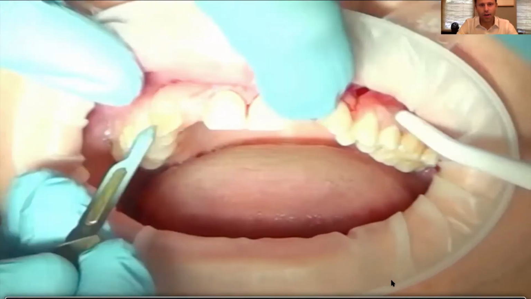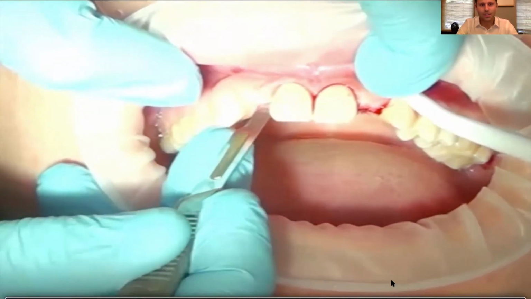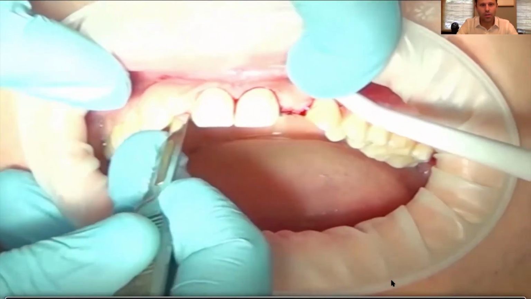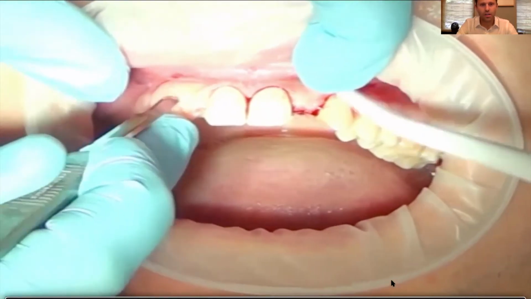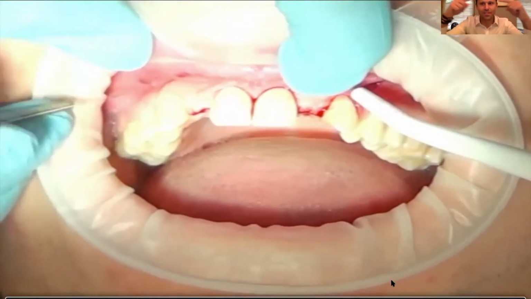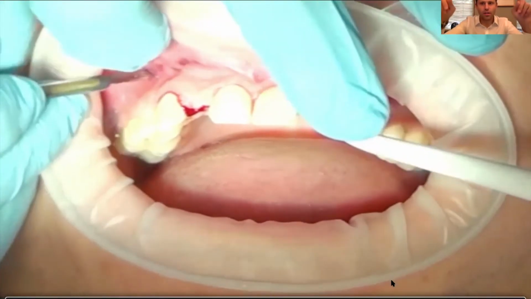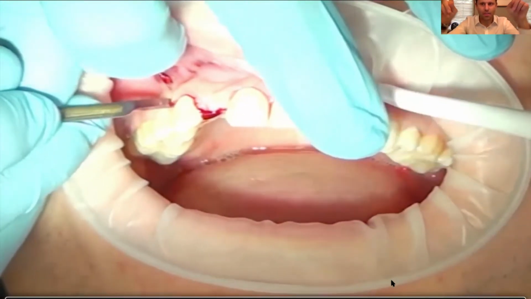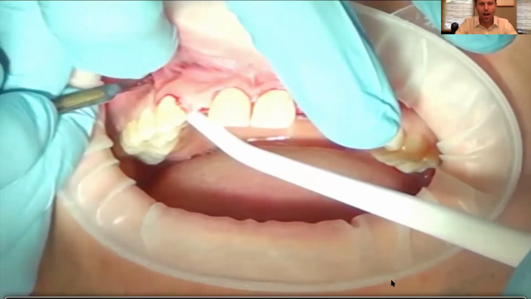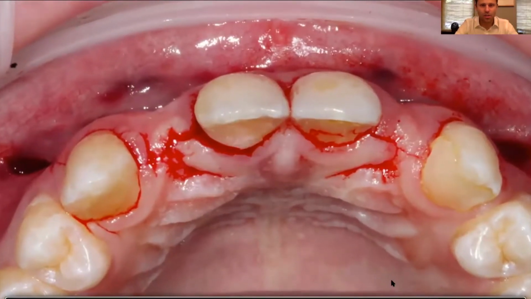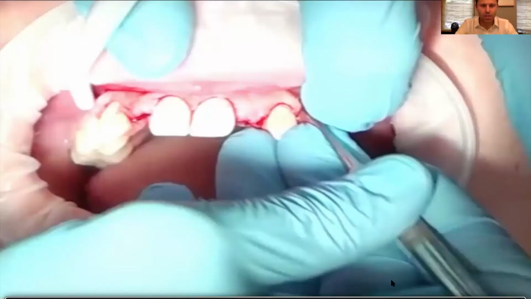And as you see around tooth number 6, distal to the papilla, we are going to do a vertical incision. Obviously, always make your incisions wider at the base and more narrow at the incisal position. So that is the incisions.